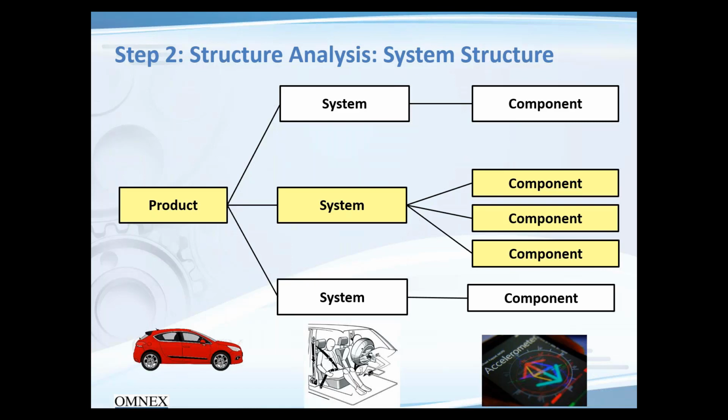The connections you see between the components and the system, and then the system to the product, would be what's called the function net that we'll be talking about later. But we establish structure, and it basically looks like this. It doesn't tell you physically how they're connected. It's just that this subsystem is made up of multiple components. So the structure diagram is what you start out with.